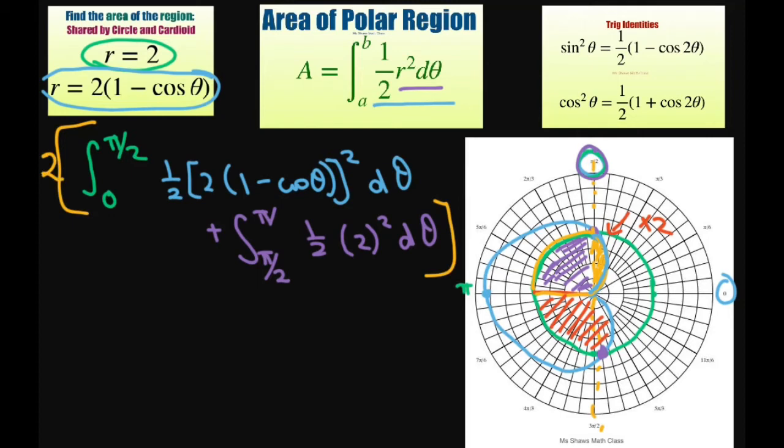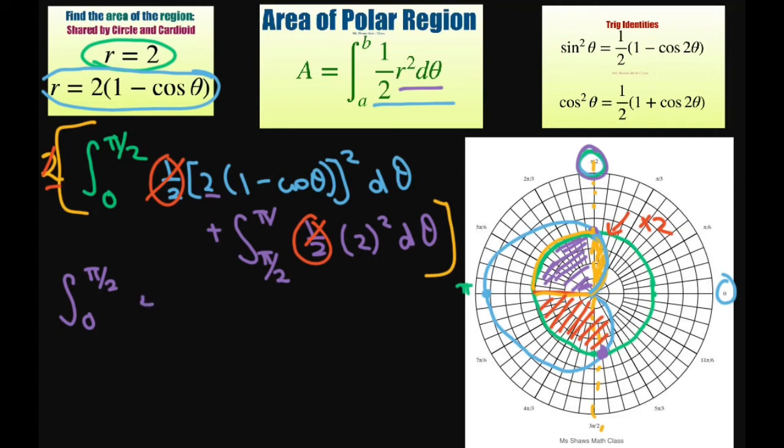Now looking at this, when you multiply by 2, these 1/2s will disappear. So I can cancel those out and rewrite this as the integral from 0 to pi divided by 2, and then I'm going to square all of this.